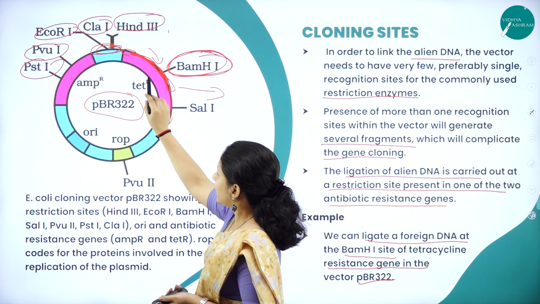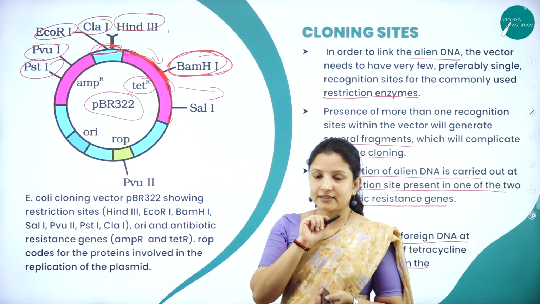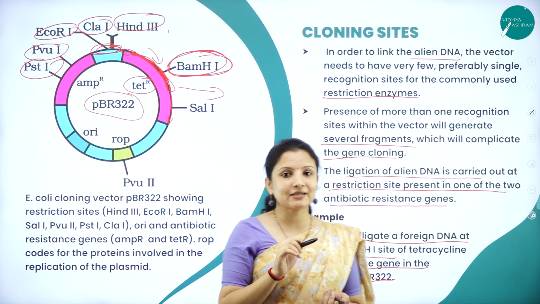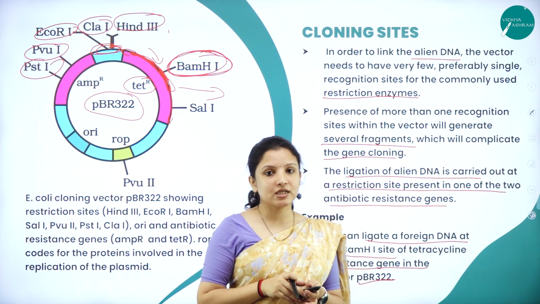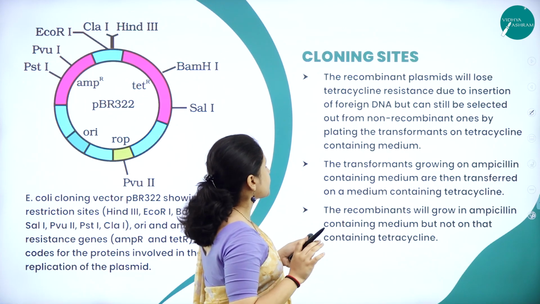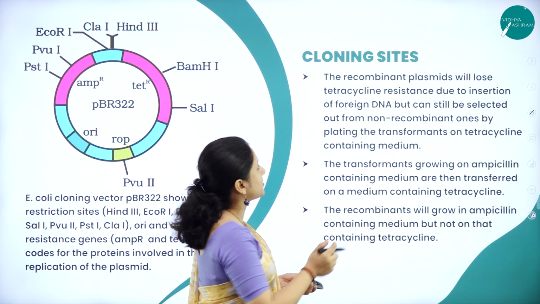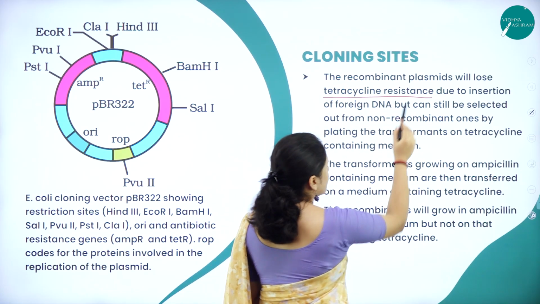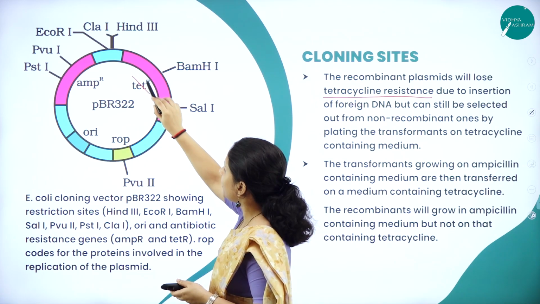This vector has a selectable marker region which is resistant to the antibiotic tetracycline. Now the foreign DNA has gone and incorporated into that region. Next, what happens? The recombinant plasmid will lose the tetracycline resistance.